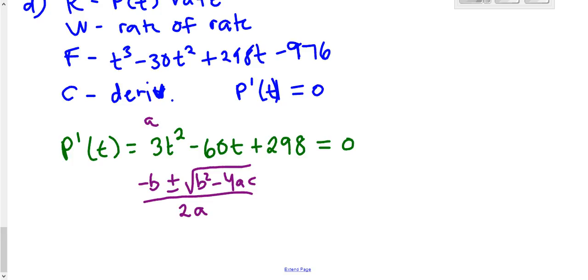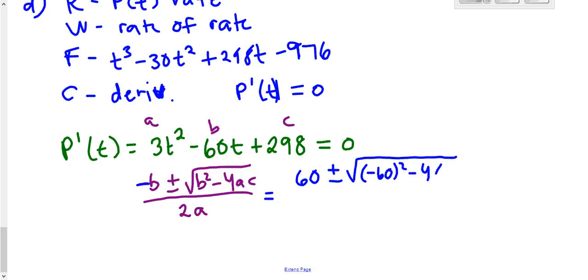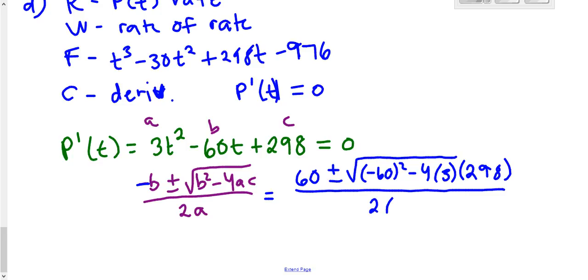So remember, this is A, this is B, and this is C. So when we get these solutions, B is negative 60, so negative of negative 60 is positive 60, plus and minus the square root of negative 60 squared minus 4 times A times C, all over 2 times A, which is 3.